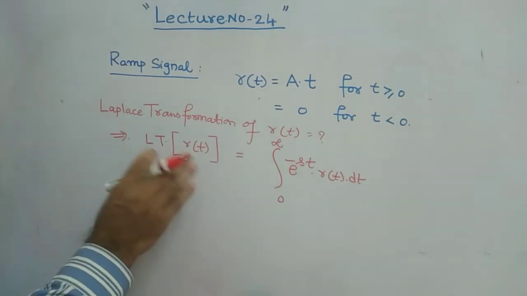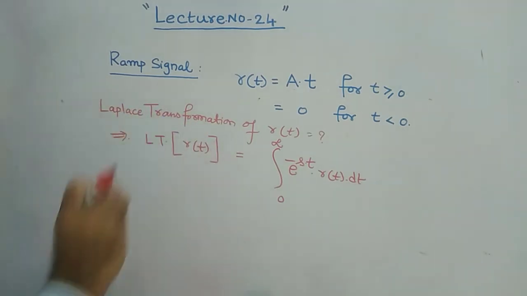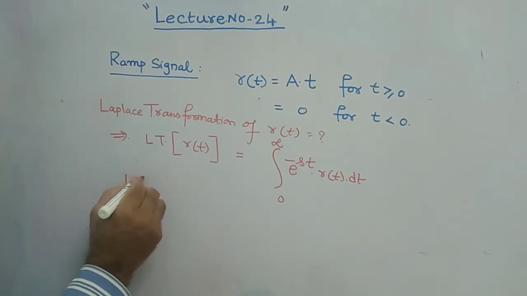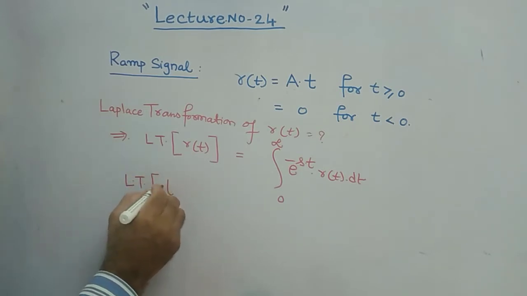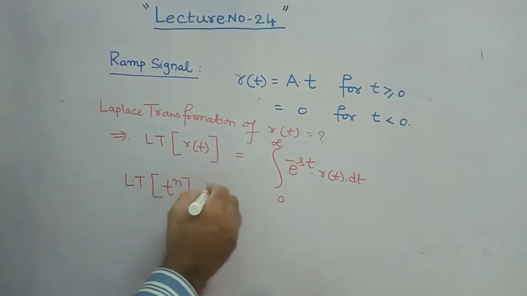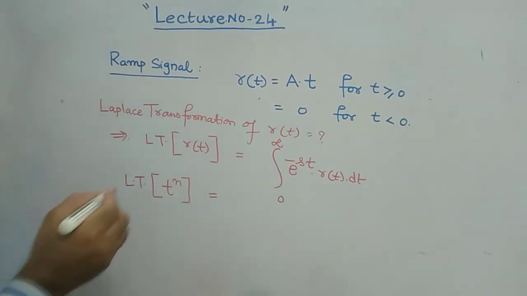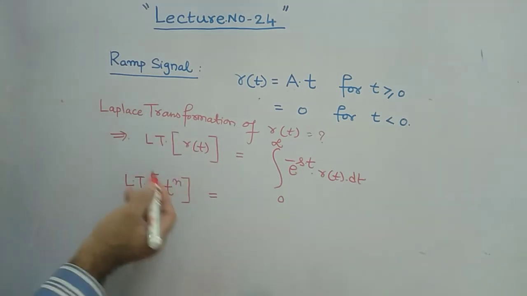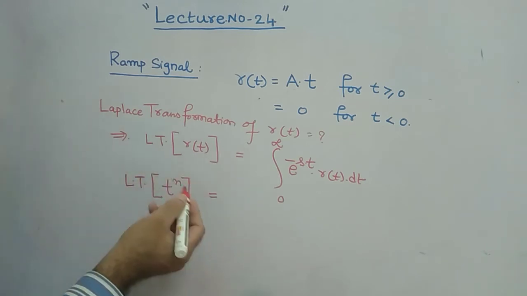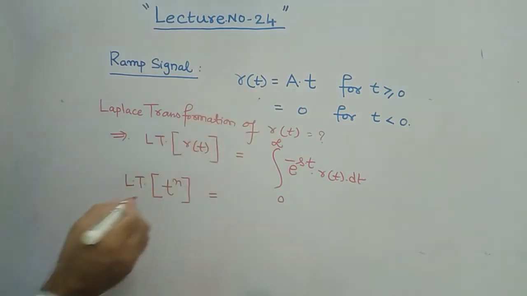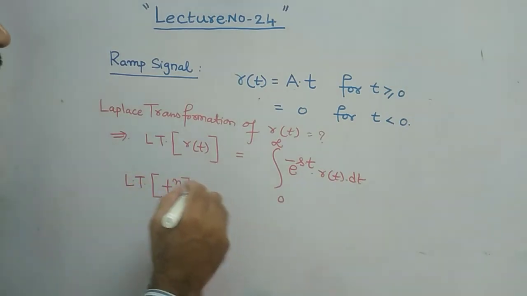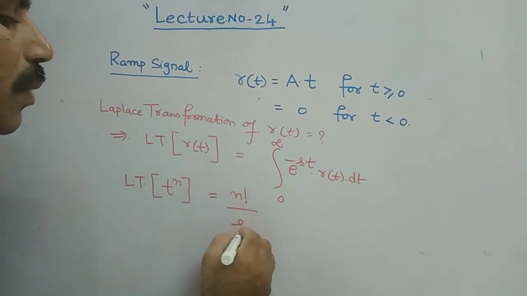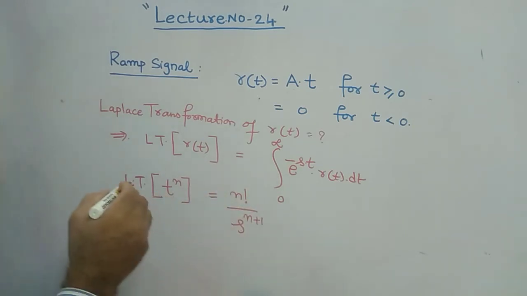Here we will use one of the important properties of a Laplace transformation, please remember this: the Laplace transformation of t power n, where t power n is any function f of t or x of t or r of t, is equal to n factorial by s power n plus 1.